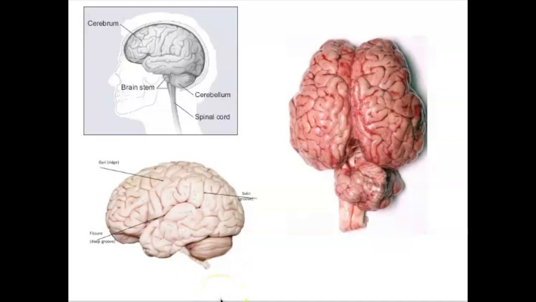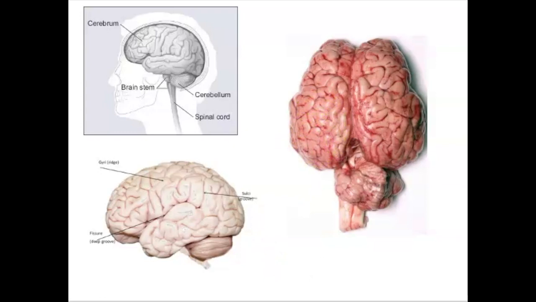One of the most remarkable features of the brain, whether you're looking at a fresh specimen like this one or a preserved specimen like this one, is the size of the two hemispheres in relation to the other parts of the brain, and also this pattern of gyri and sulci. One of the questions that I get from students a lot is why?